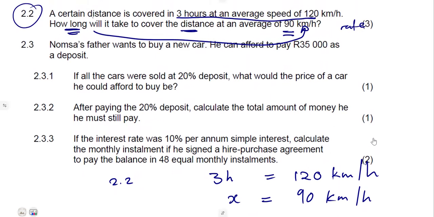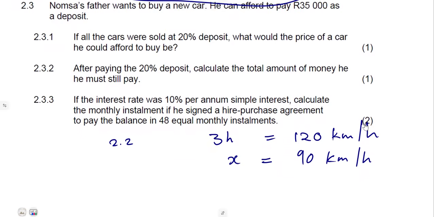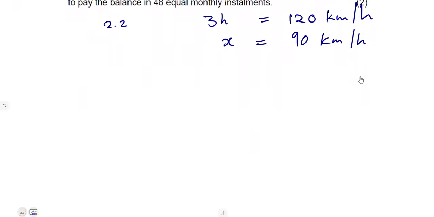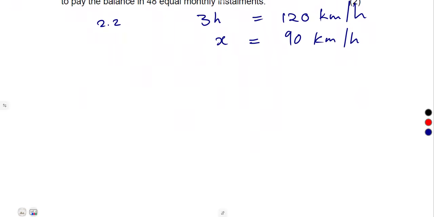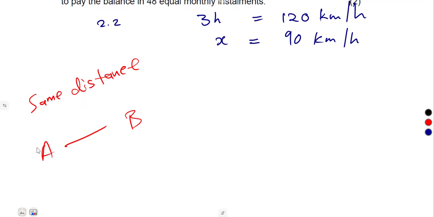So that is what we're given there. If we consider speed, guys, we have got two people. They are to cover the same distance, from point A to point B. One is traveling at 120 kilometers per hour, another one at 90 kilometers per hour.